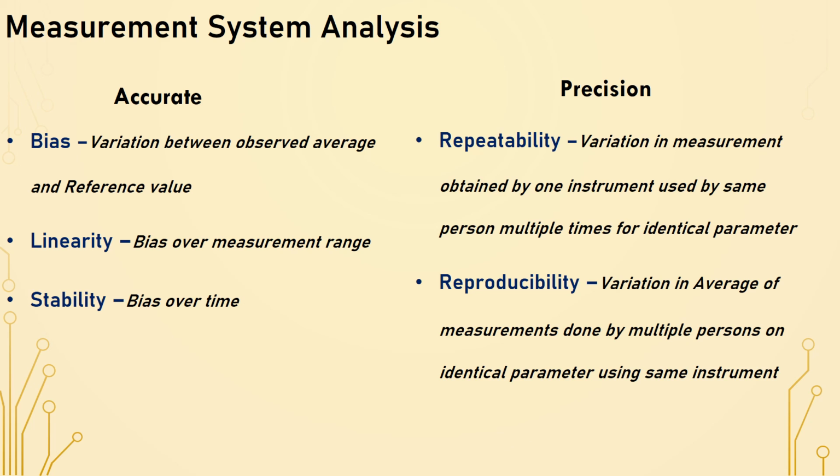In the same way, with the same parameter and the same instrument, if multiple operators are verifying multiple times, the variation between operator A, B and C is called reproducibility error. Let us understand in the next lesson in detail about GR&R, gauge repeatability and reproducibility error, and how we are going to evaluate and address it.